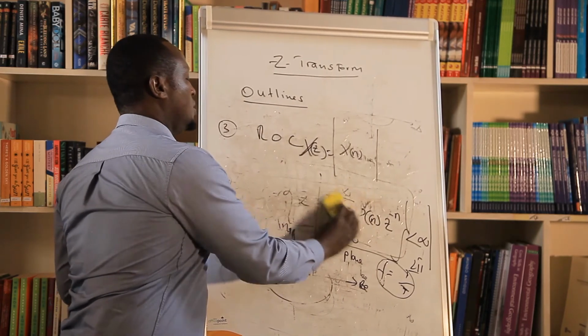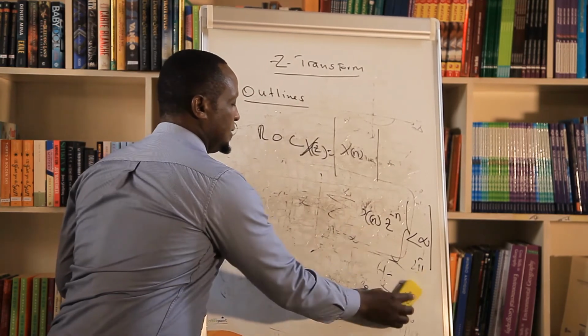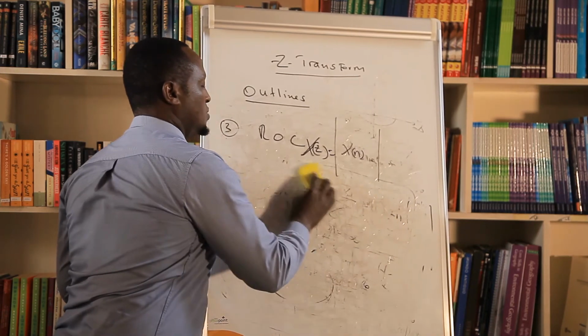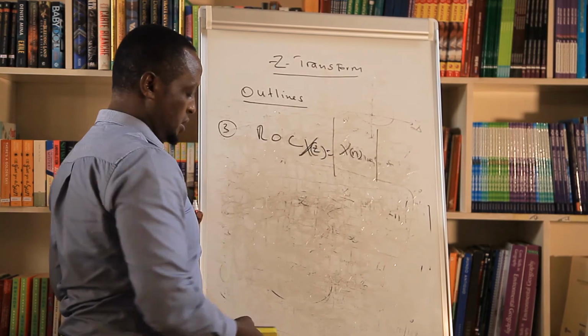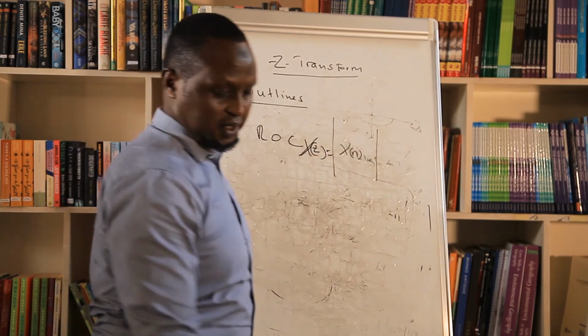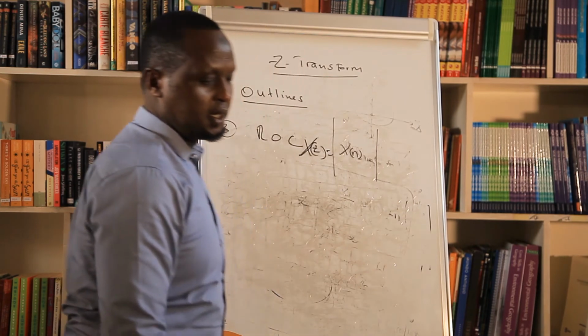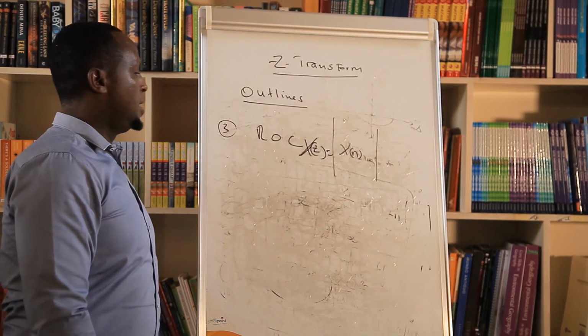So here also we discuss, we are going to talk about their properties, the property of the region of convergence. Before that, we can have an example.